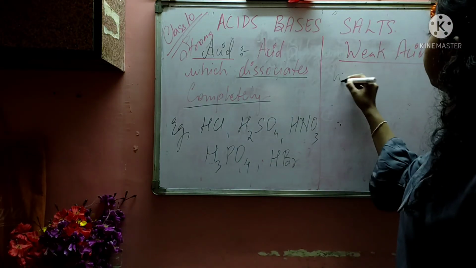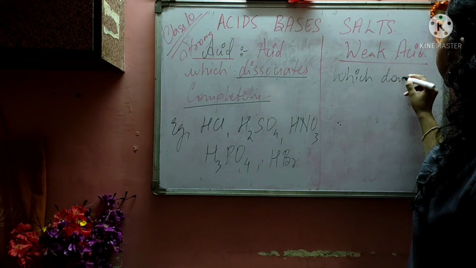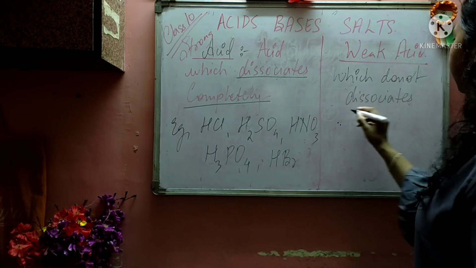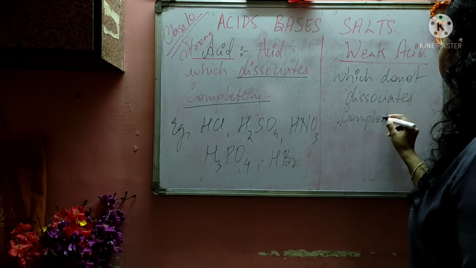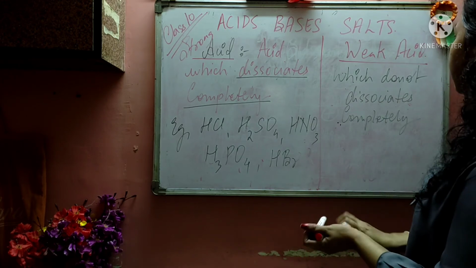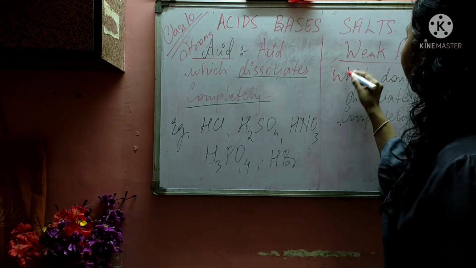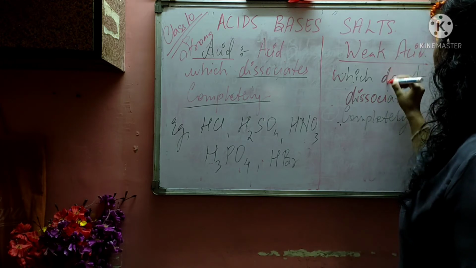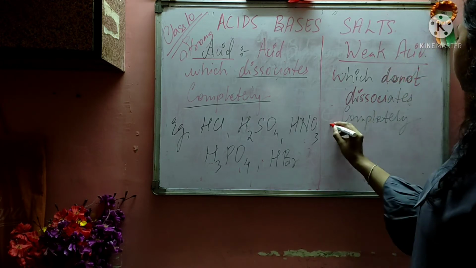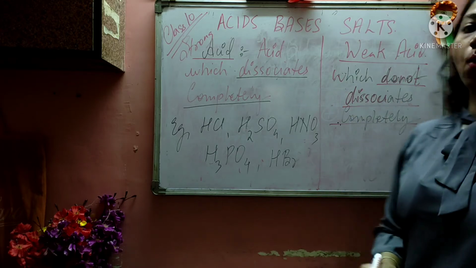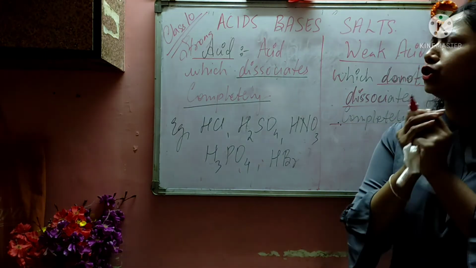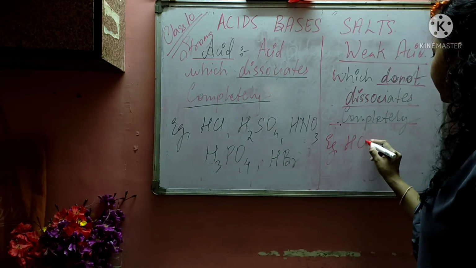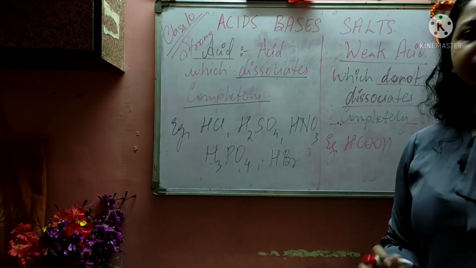Now what is a weak acid? Which does not dissociate completely. The weak acid is that which does not dissociate completely. Example is HCOOH, which is formic acid.